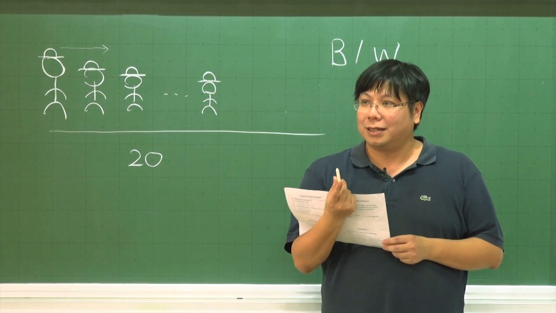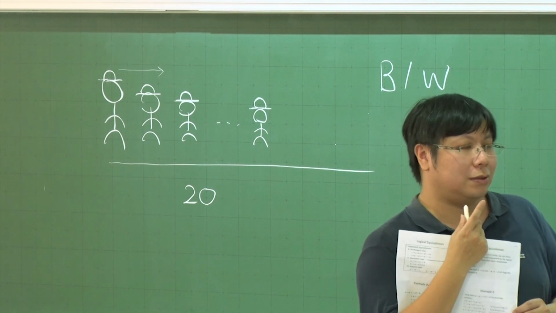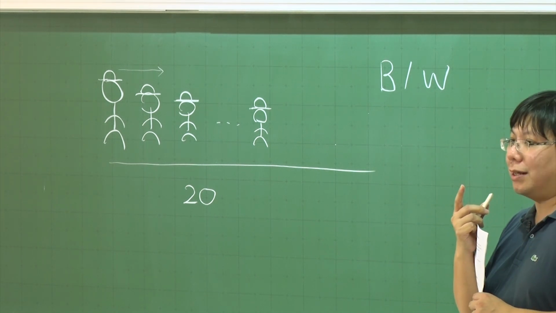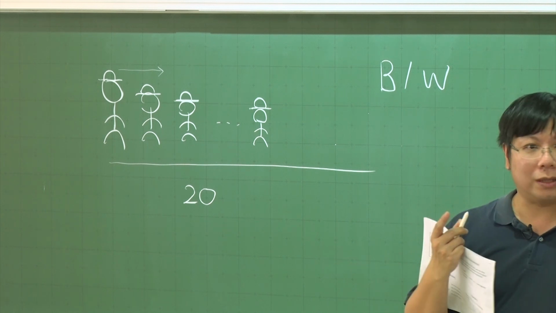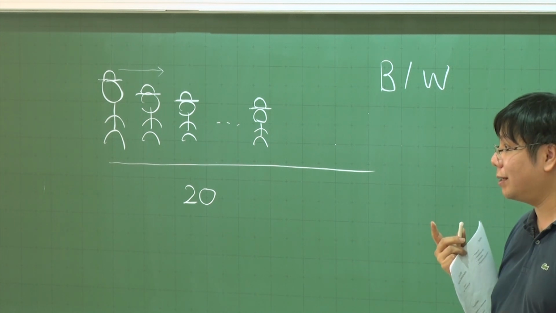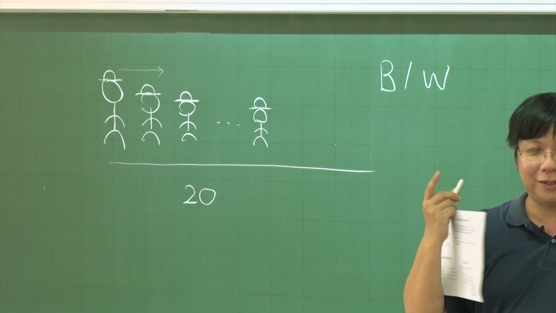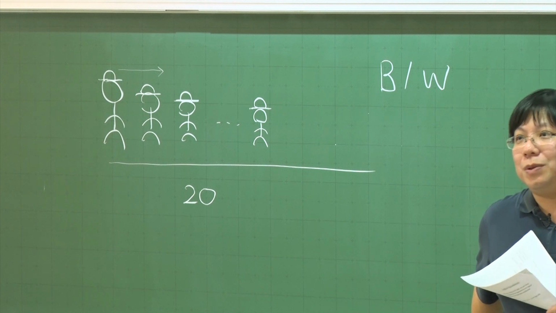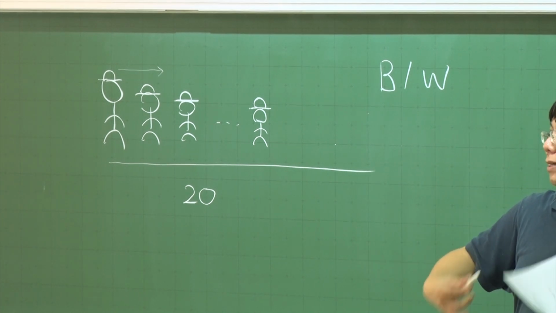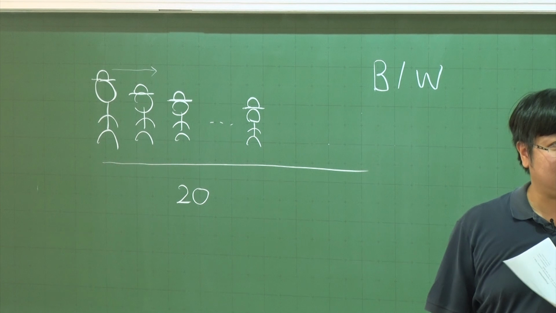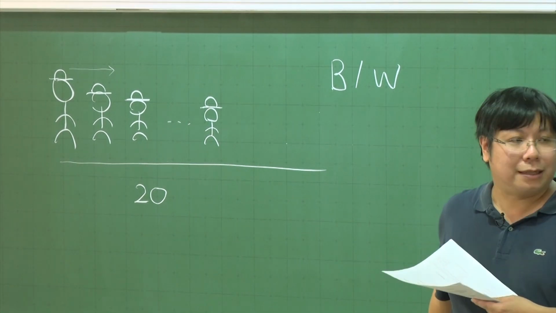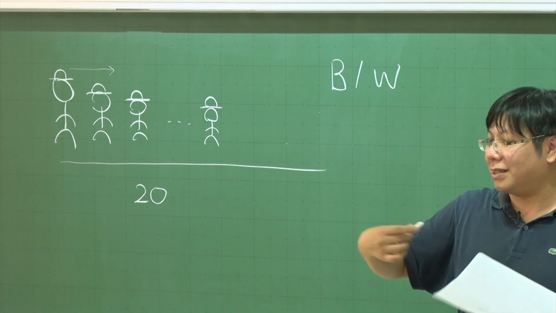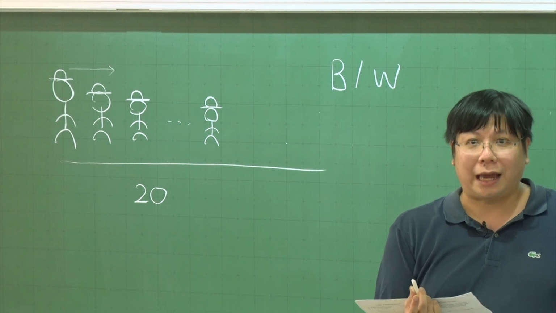So all these people are actually working as a team. The best case is what? All the 20 questions are answered correctly, right? Of course, the worst case is all of them are wrong. Is there a way that we can maximize the number of correct guesses as many as possible? And if so, what is the number of correct guesses we can guarantee?